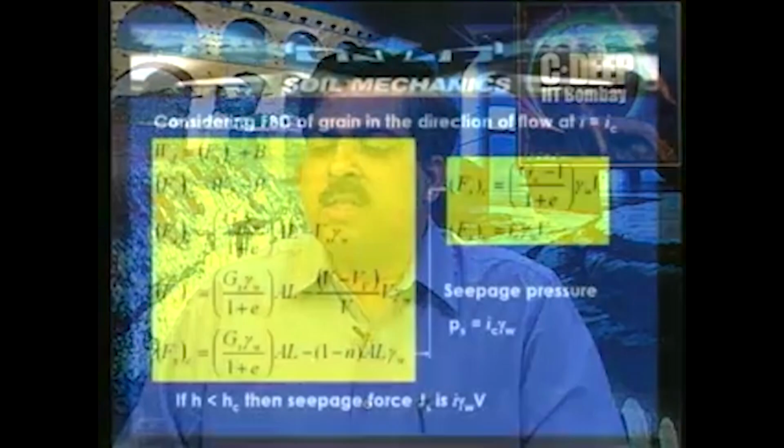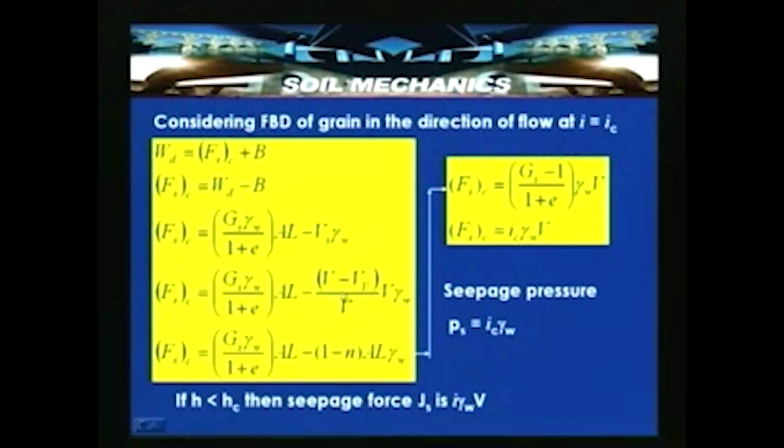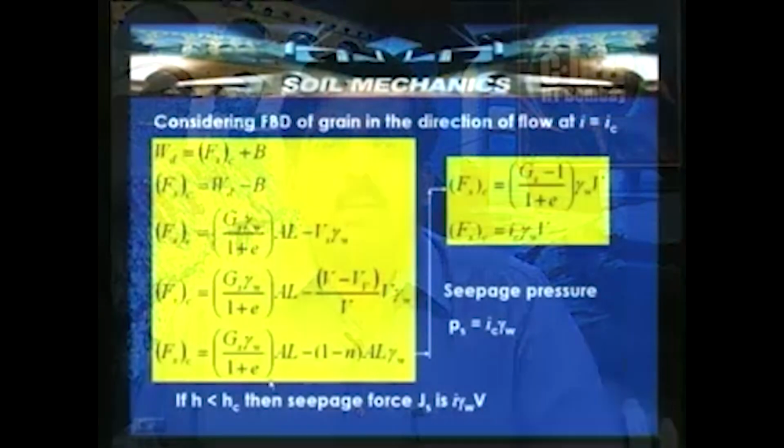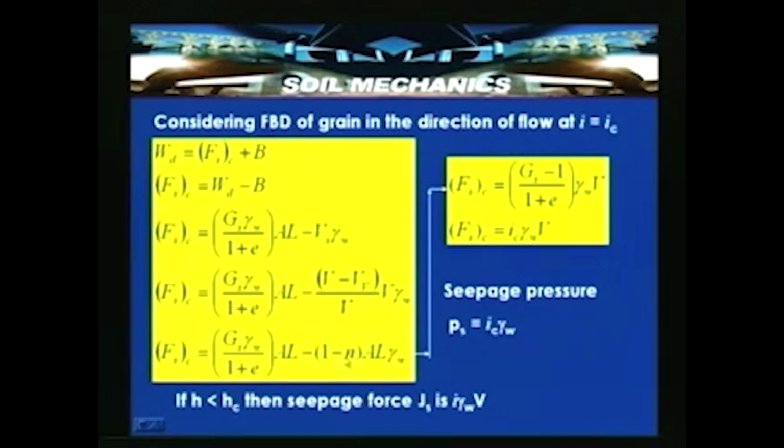So, Vs is written as V minus Vv by V into V. That can be simplified as 1 minus n, where n is the porosity, into AL, because the volume is equal to AL. So, the frictional or drag force acting in the direction of the flow is Gs gamma W by 1 plus e into AL minus 1 minus n into AL gamma W.